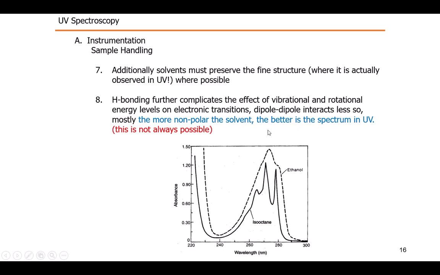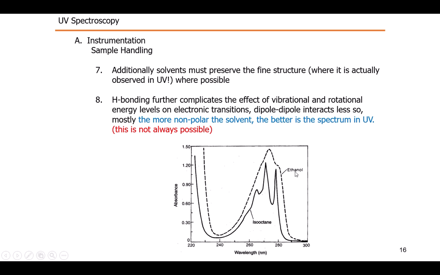So non-polar solvents are preferred over polar solvents. Non-polar solvents are best to use because they give better spectra, but it is not always possible. Mostly, in most cases, non-polar solvents give better results. For example, if a sample is dissolved in isooctane, we have clear bands and peaks, and these clear peaks are characteristic of the sample.